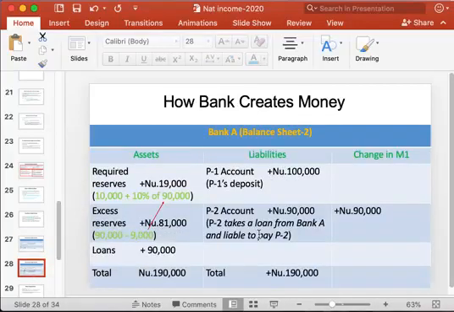So if you see here, for example, another person P2 comes to Bank A and takes a loan of 90,000 Newton. Then Bank A creates an account for person P2 worth 90,000 Newton.